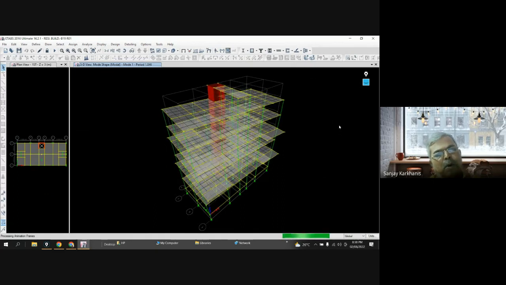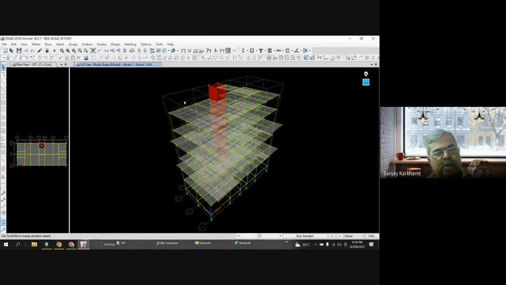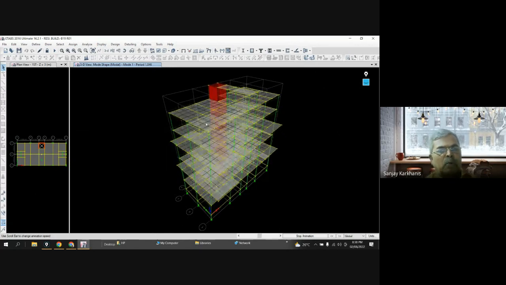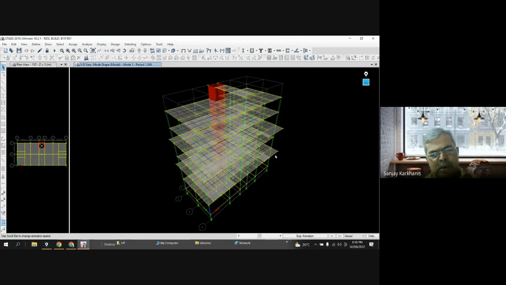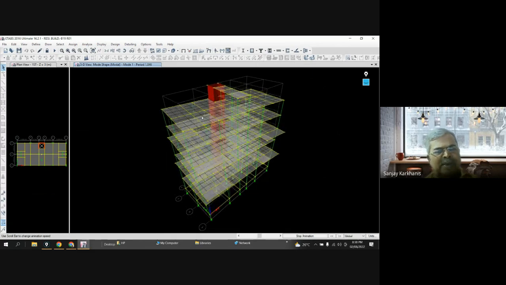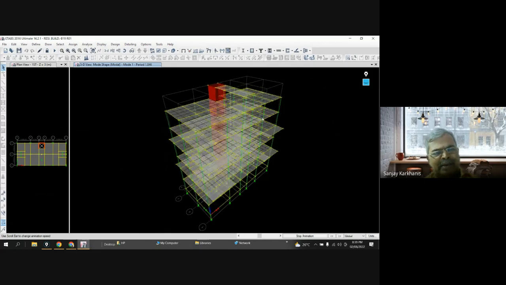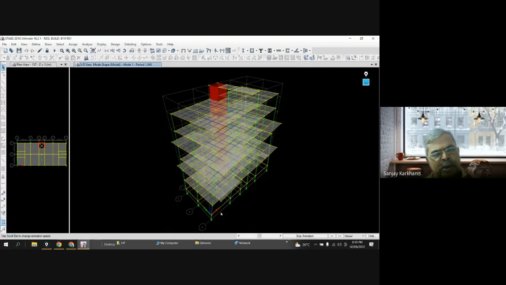See now your mode number 1 is under torsion, and that is what I always say, that it is a property of structure. Whatever sizing of columns, layout of columns, orientation of columns you have done is like this.